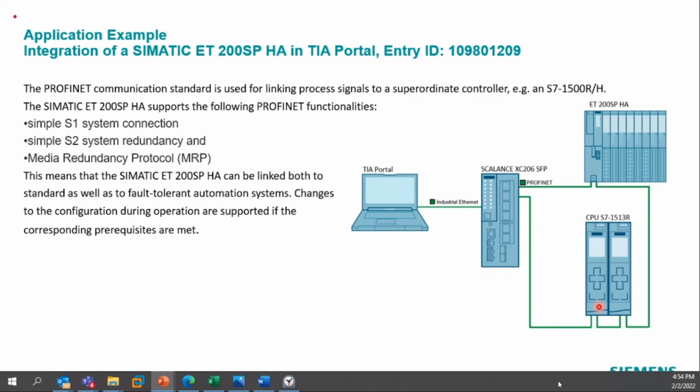Even though this is the requirement in most cases, with the release version of version 17, redundant IMs, meaning two IMs in a single rack, is not possible. It is awaited, maybe in the next version. We cannot confirm at this moment, but it is going to come. With the ET 200SP HA also you cannot use it as R1. It can be used as an S2 device, and you can configure it with MRP media redundancy connectivity.